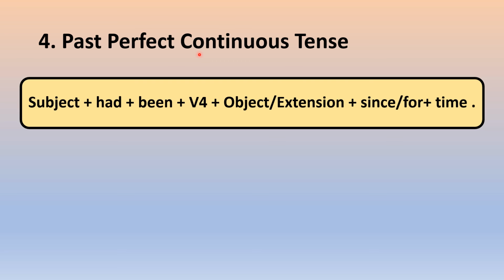As the tense shows continuous in its name, so remember from this point that in continuous tense we always put ing form of verb. So in past perfect continuous tense too, we will mention the fourth form of verb in our sentence. After that object or extension is written. Then we write since or for to show time.